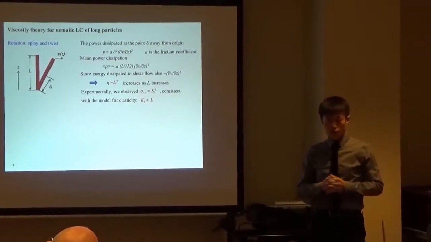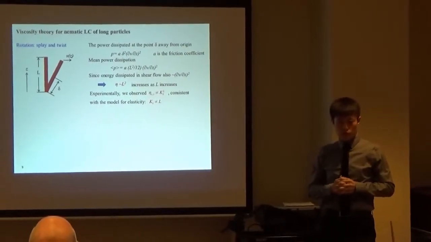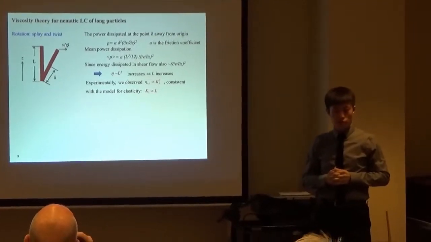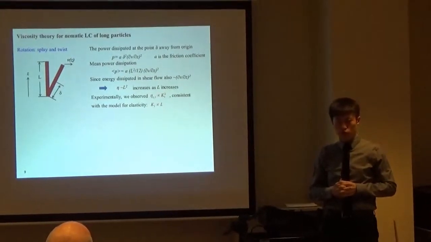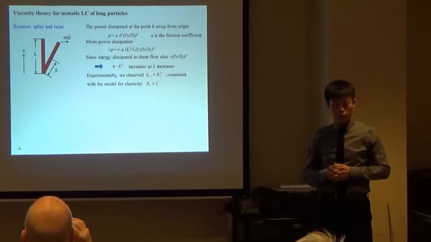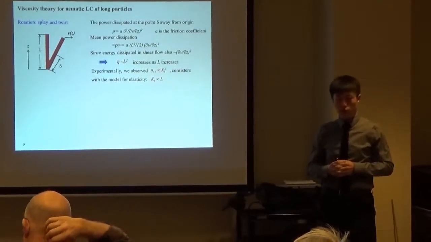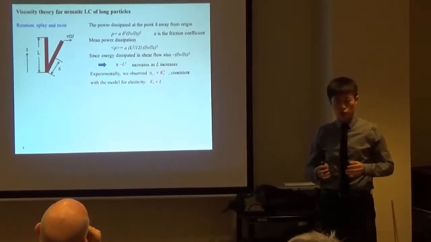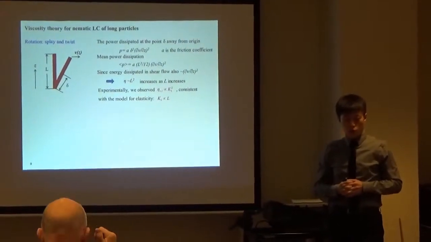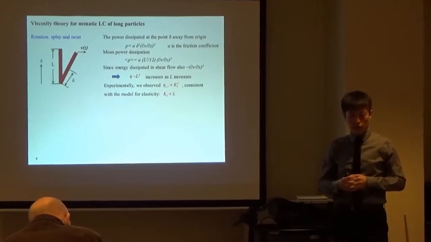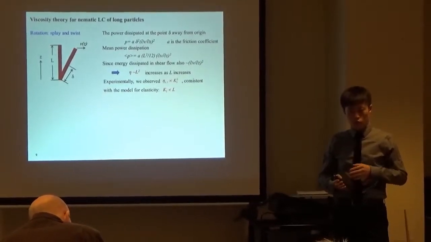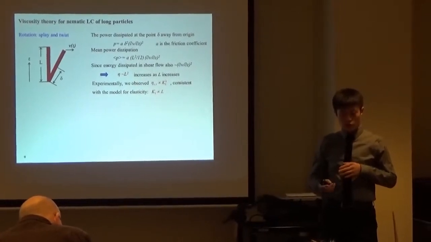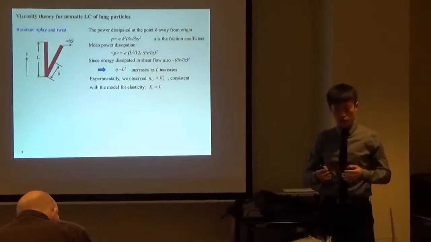The viscosity of such a system is exponentially large compared to 5CB. That's because in 5CB, the basic building units are molecules. They are very small. But here, the basic building units are long aggregates ranging from 20 to 200 nanometers. So when you have long aggregates and when you induce twist or splay deformation, you actually induce considerable flow field in the system.